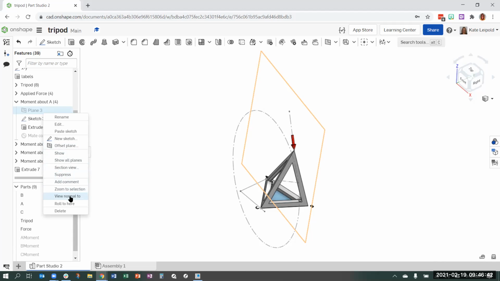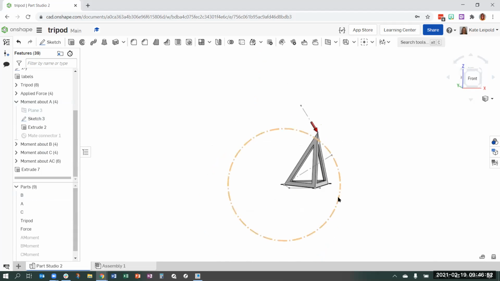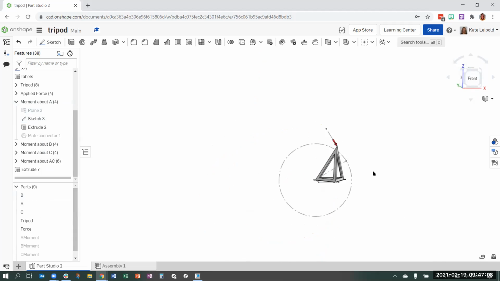So now if I look normal to this force, perpendicular to the force, this line here represents the perpendicular distance from the point to the 3D force. And I can draw this circle as representing the motion of this force around that point A. Essentially, if I have a force times a distance, I can represent that as a length.